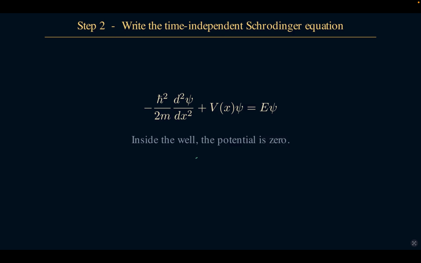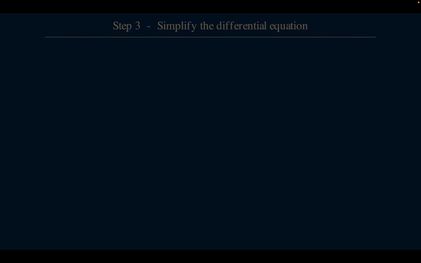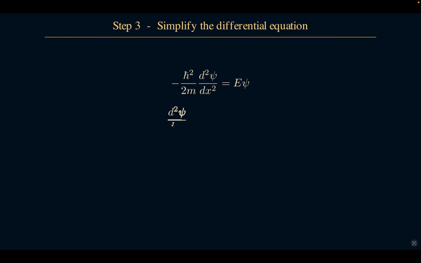Inside the square well, the potential energy is 0, so V of x is 0. Thus, our equation would simplify to a very simple differential equation, and it would become d squared psi over dx squared plus 2mE over h bar squared psi equal to 0.